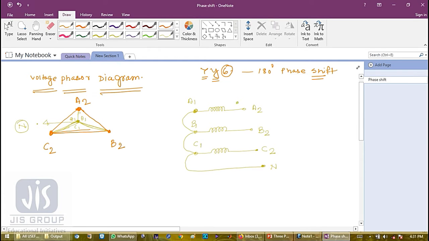This is the dot notation. That means A2, A1 positive. So on the secondary side also, A2, A1 will be positive if the dot remains on this small A2 terminal.